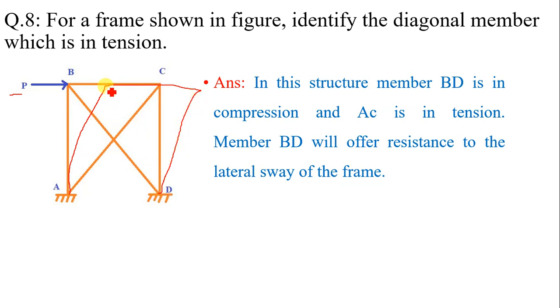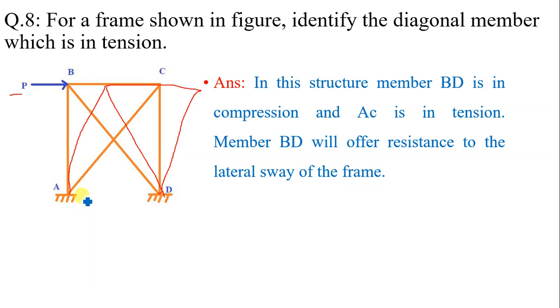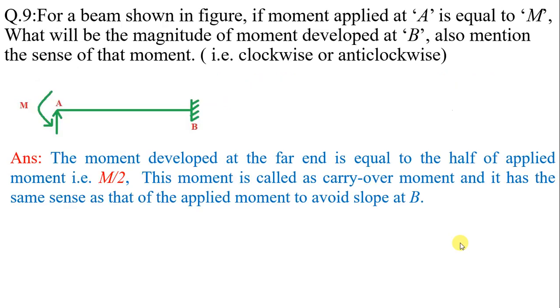And here member BD is subjected to compression. It is evident from the figure, while the second diagonal member AC is subjected to tension. So AC is in tension, BD is in compression. Simply you have to imagine it.